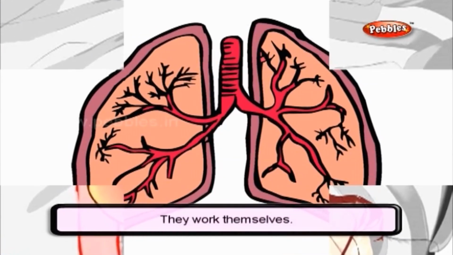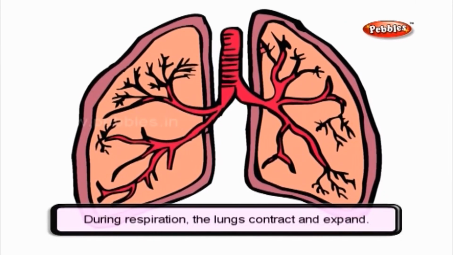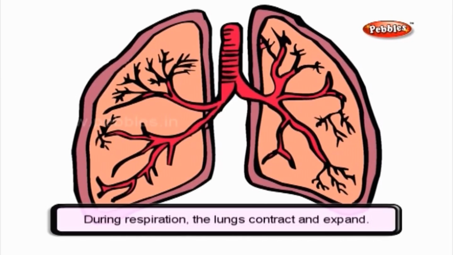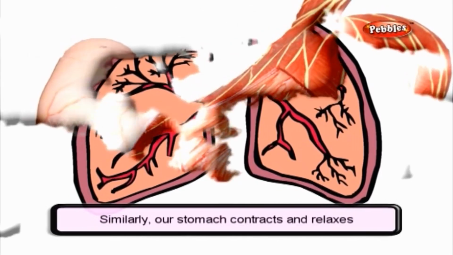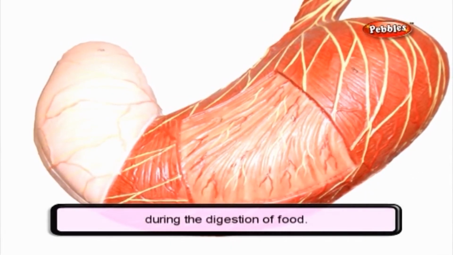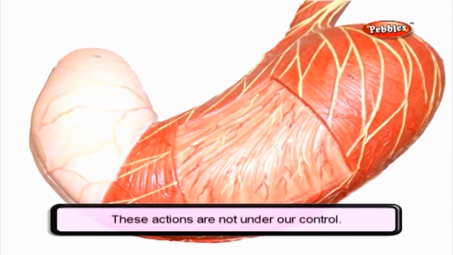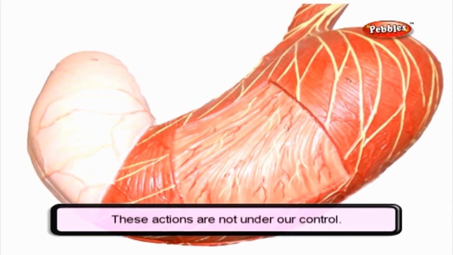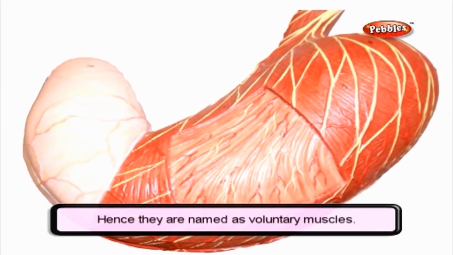They work themselves. During respiration, the lungs contract and expand. Similarly, our stomach contracts and relaxes during the digestion of food. These actions are not under our control. Hence, they are named as involuntary muscles.